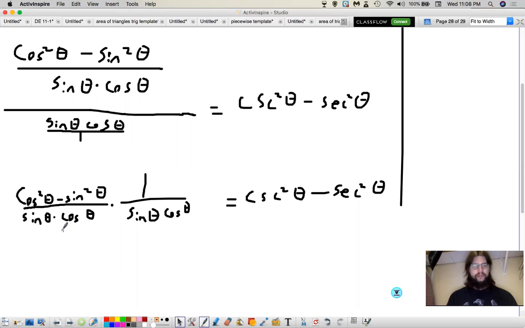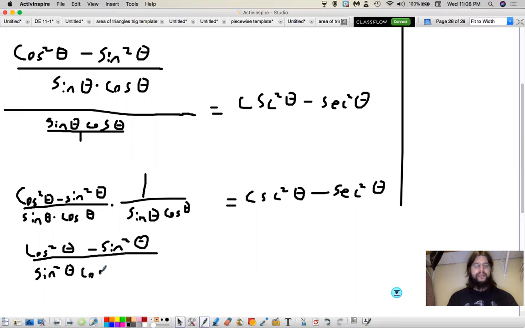Like 3 steps to go. Numerator, numerator. That's not changing anything because we're multiplying by 1. Denominator, denominator. We get sine squared theta. So easy now. Cosine squared theta.